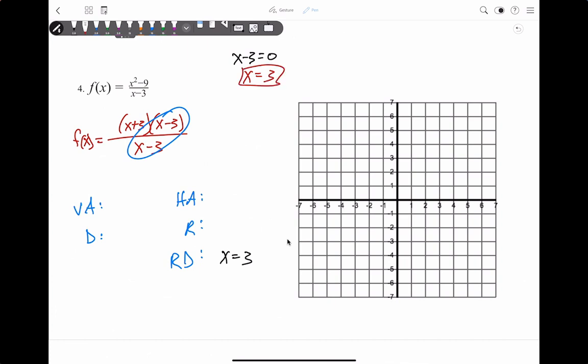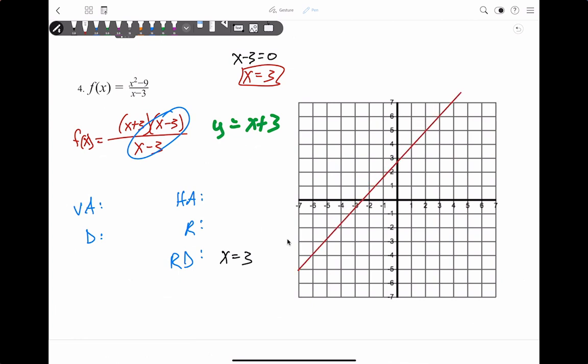Now, here's a big step. If this went away and x plus 3 was left over, this is like x plus 3 over 1. That means the leftover piece would just be x plus 3, like the graph y equals x plus 3. If I said graph that, you would go to 3 with a slope of 1, so it would look something like this.